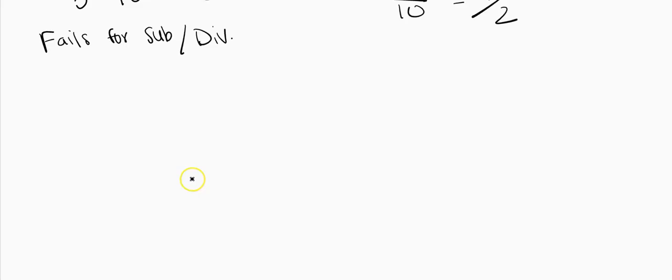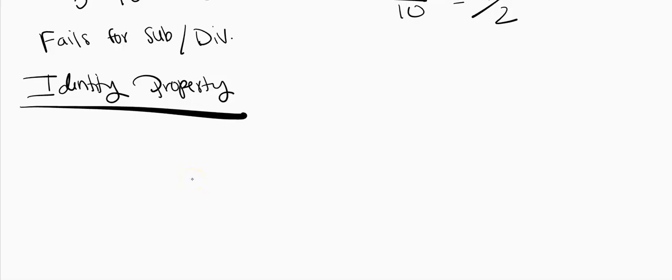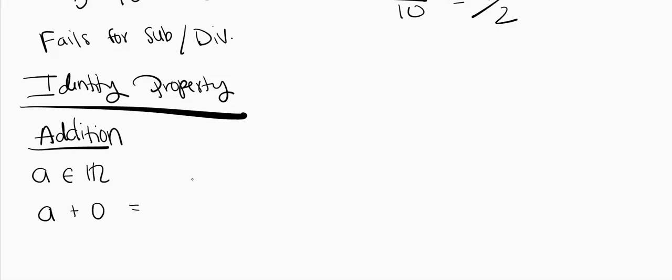Next, let's talk about the identity property, which again focuses on addition and multiplication. The identity property states that when it comes to addition, if I say I have a that's an element of the real numbers, and I add a plus 0, this would equal a.